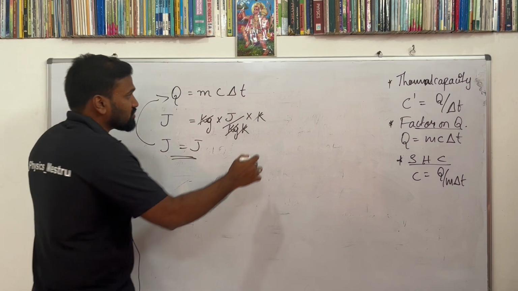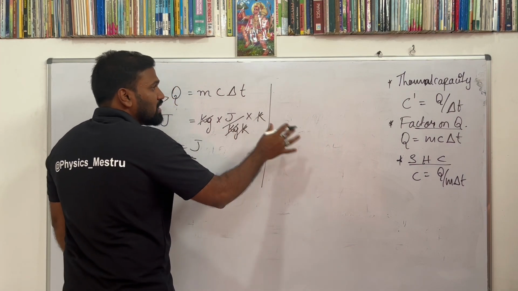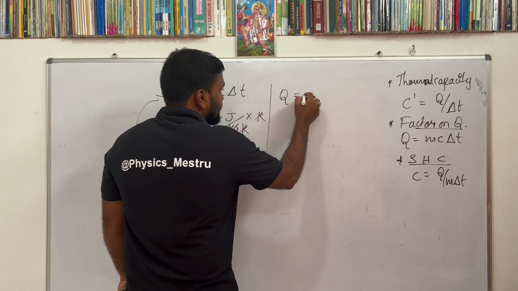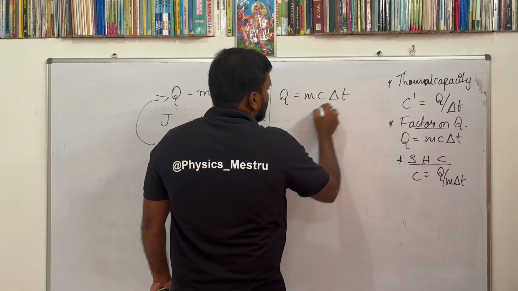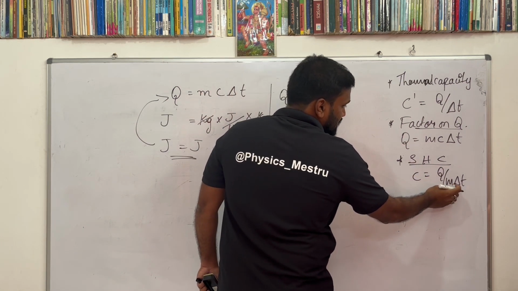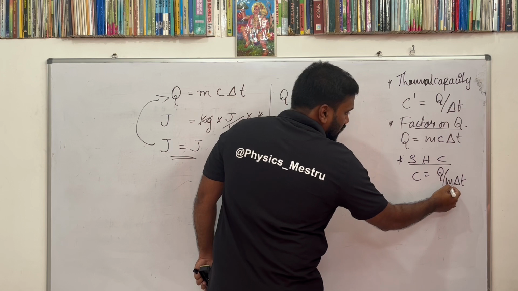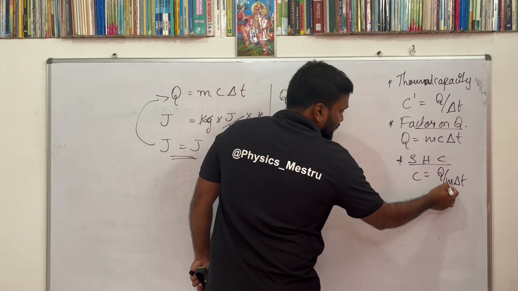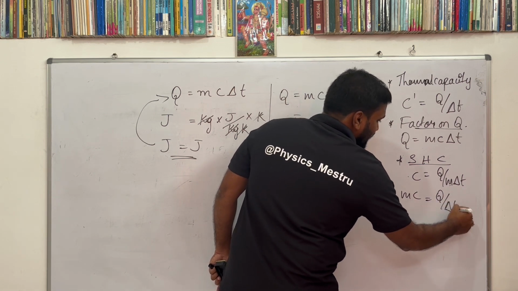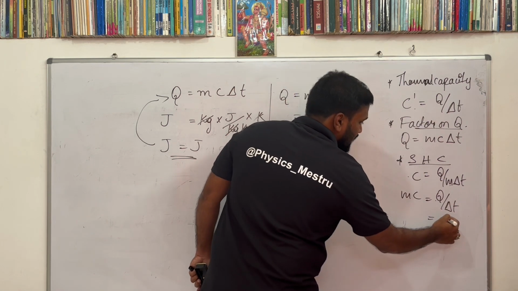Next, the same thing, let us include the thermal capacity. Q is equal to MC delta T. But MC means what? I'll take this M to this side: MC is equal to Q by delta T. Q by delta T is what? C dash.